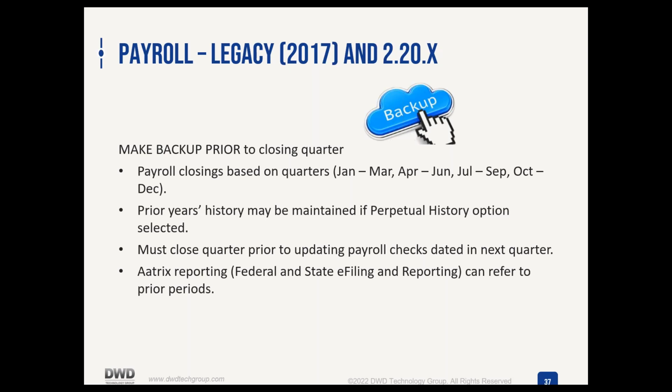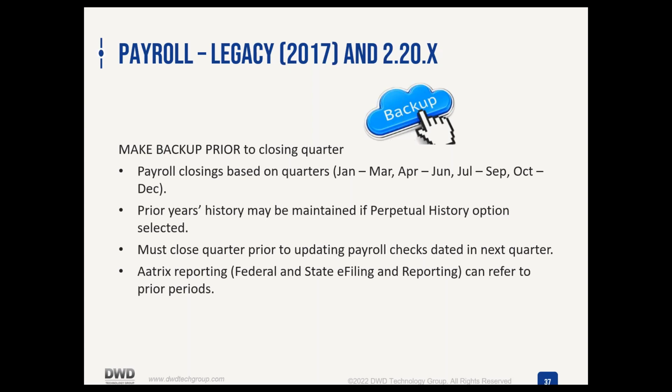Back in the old days, we were not able to get historical reports as far as the year end, the W-2s, the tax liability reports, those things. If you had closed your payroll, especially for the year end, you were not able to get back to process those forms properly.